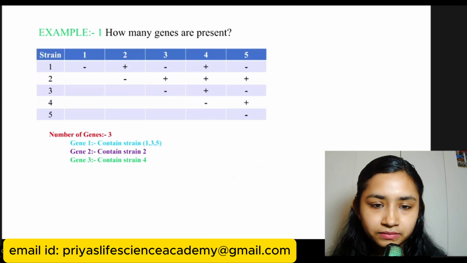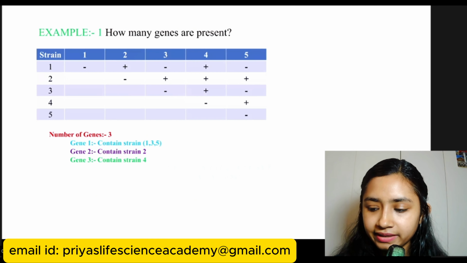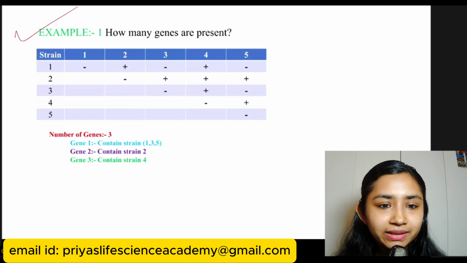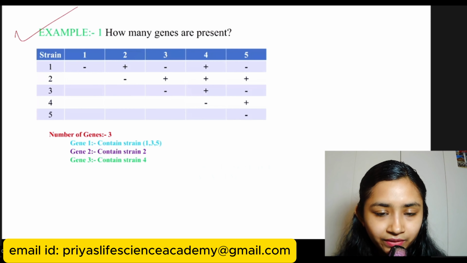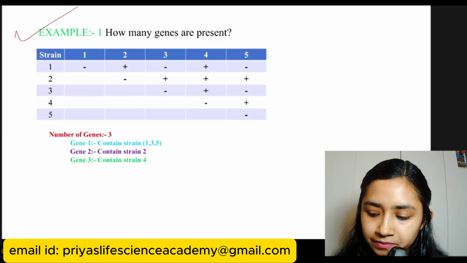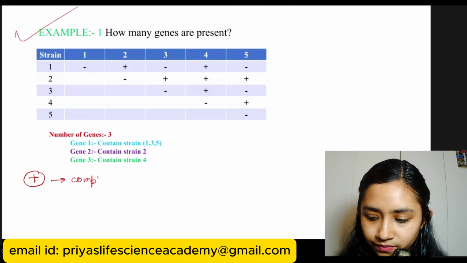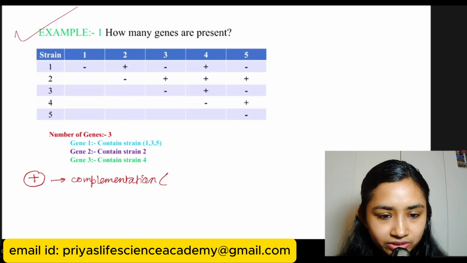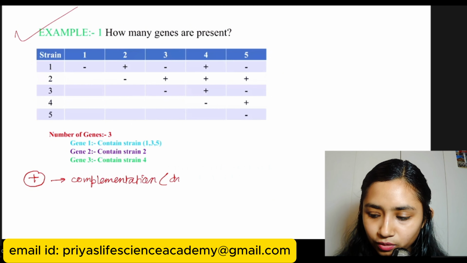Okay, now here there's an example asking how many genes are present. So how many genes are present, how can you understand? Here the plus sign denotes complementation, and you know complementation means the genes are on different chromosomes.